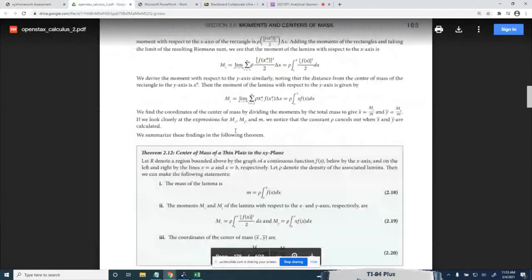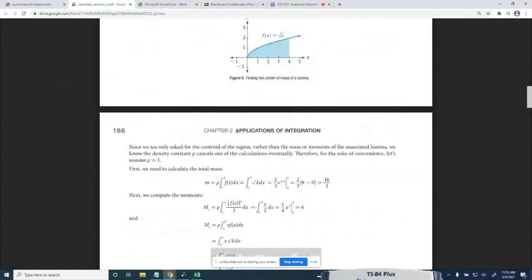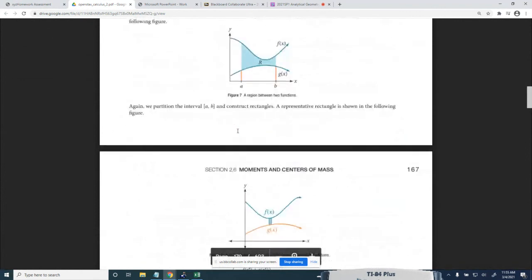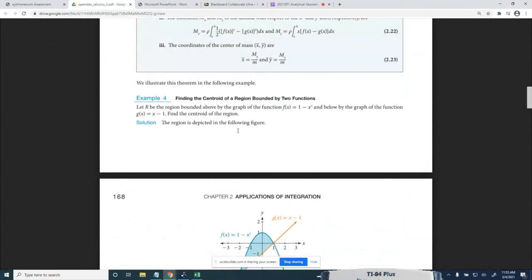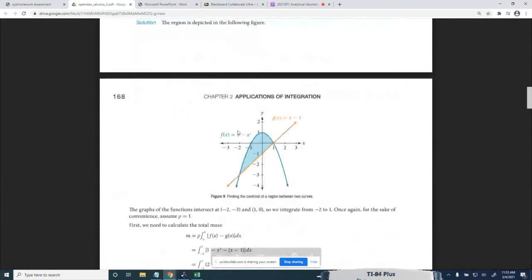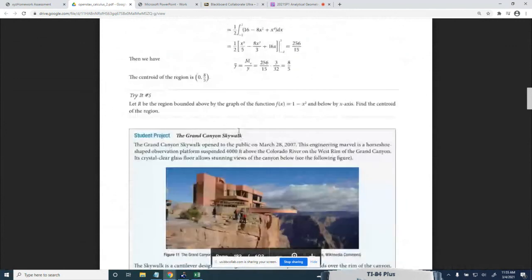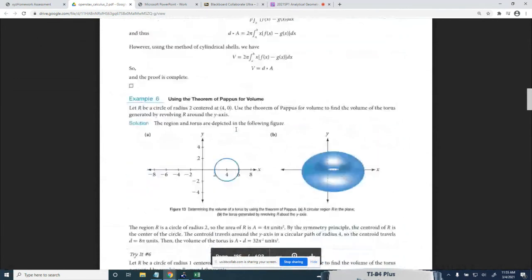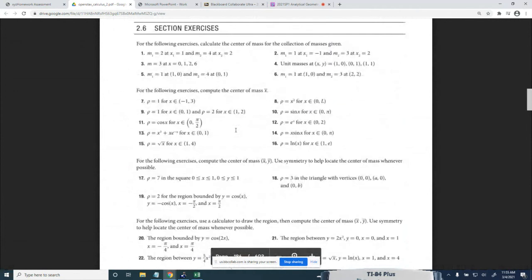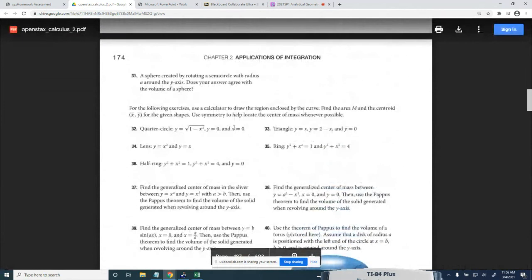Here are the formulas that we will use. I'll just write them down.